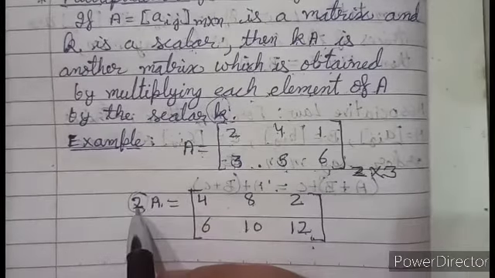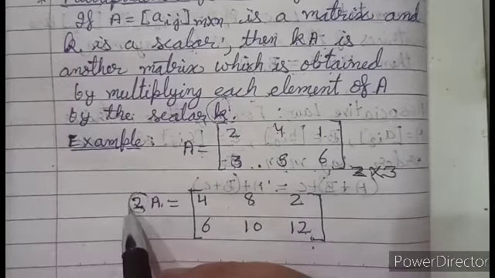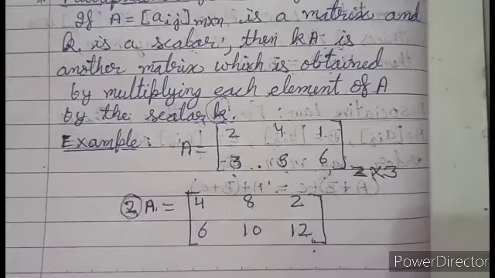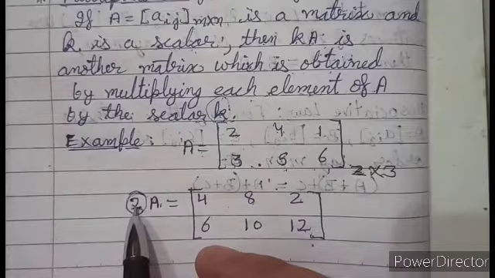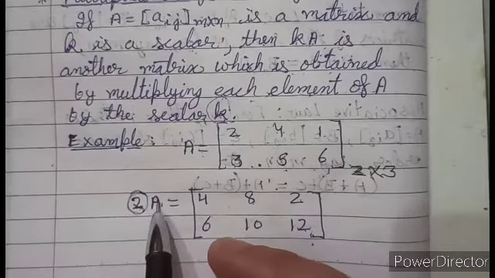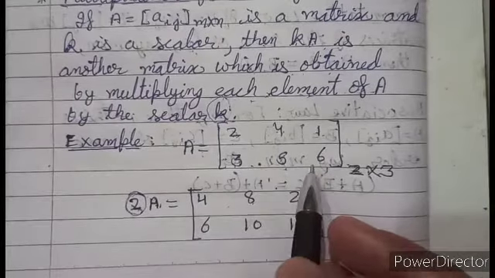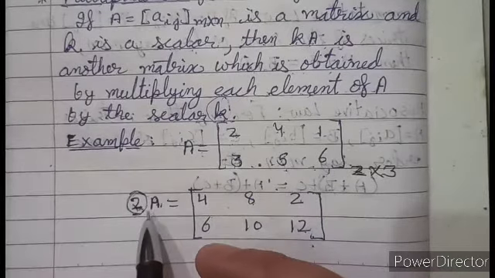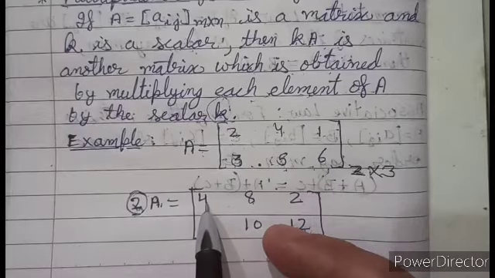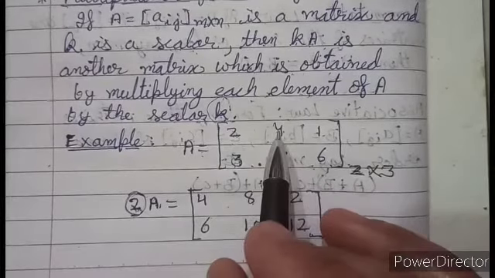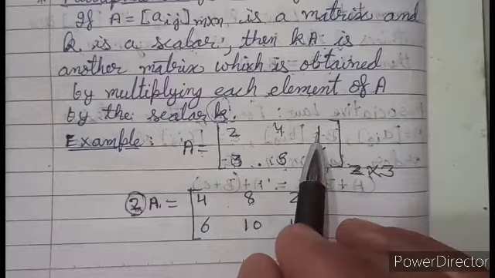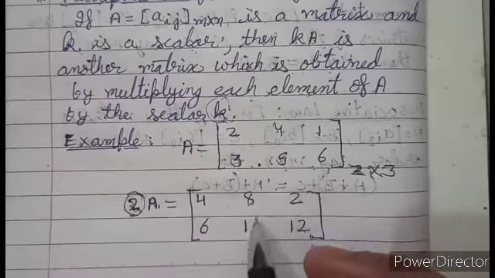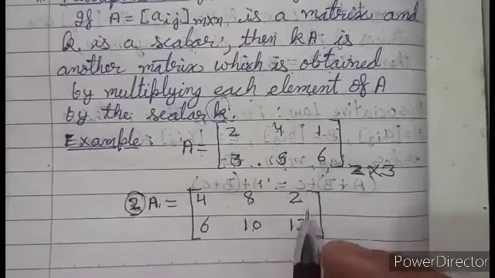If you want to find 2A, here 2 is the scalar which is being multiplied to the matrix A. All the elements of the matrix A will be multiplied by that scalar. That means 2A will be 2 into 2, that is 4, 2 into 4, that is 8, 2 into 1 will be equal to 2, 2 into 3 will be 6, 2 into 5 will be 10. Similarly, 2 into 6 will be 12.